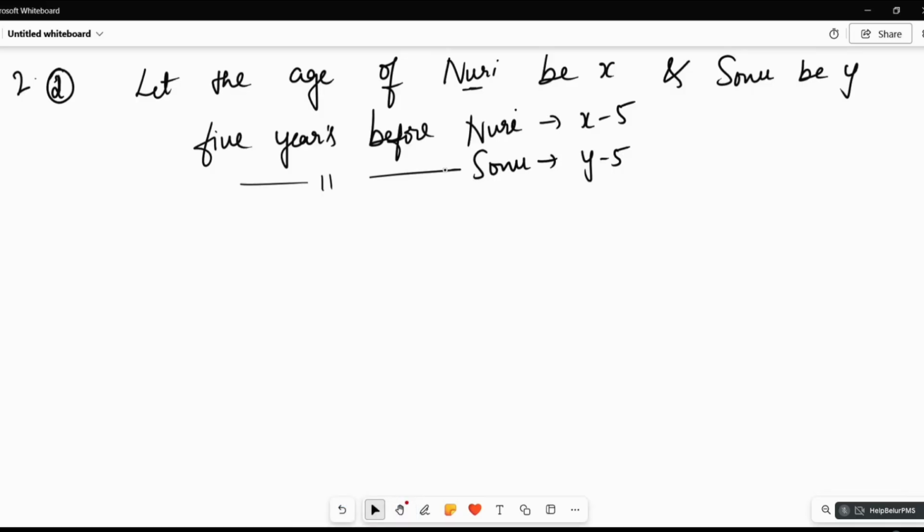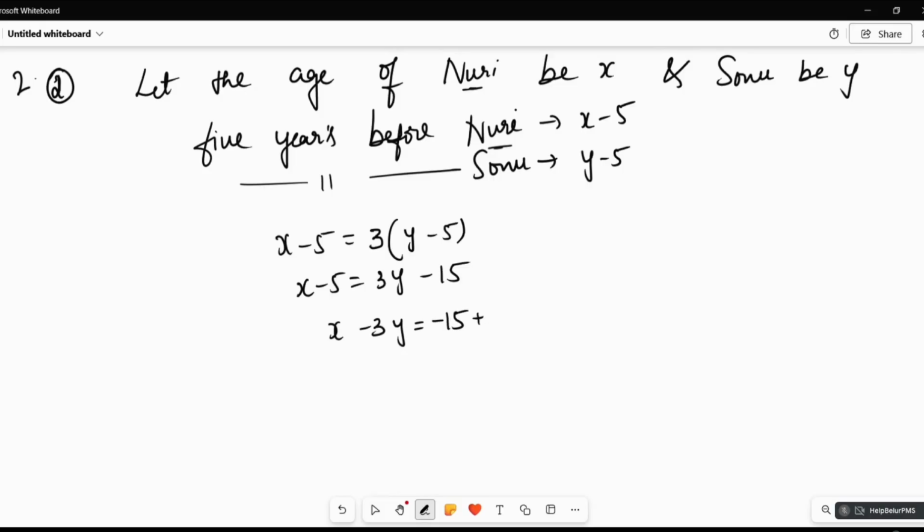At that time, Noori was thrice as old as Sonu. So she was 3 times the age of Sonu. So x minus 5 is equal to 3 times of y minus 5. We get x minus 5 is equal to 3y minus 15. Or x minus 3y is equal to minus 15 plus 5. So x minus 3y is equal to minus 10. First equation.